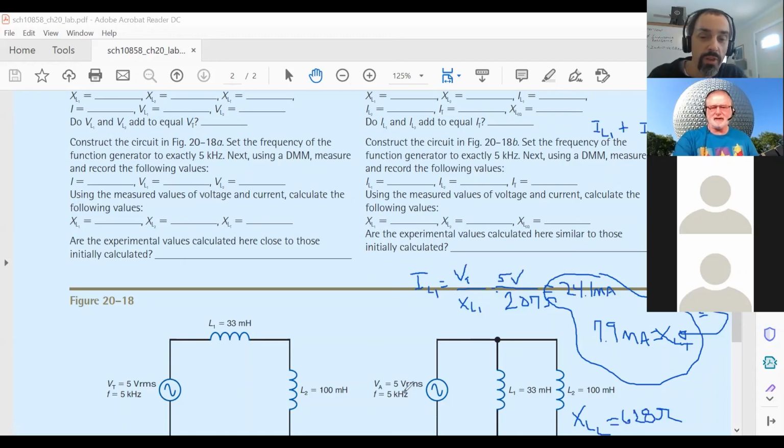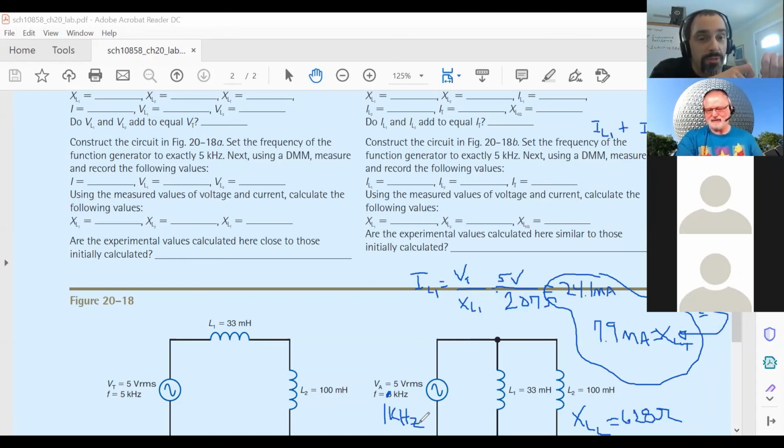I didn't switch the frequency over. Sorry, I kept everything at 1K hertz. If you did 5,000, you'd be 5 times as high, right? Yes.